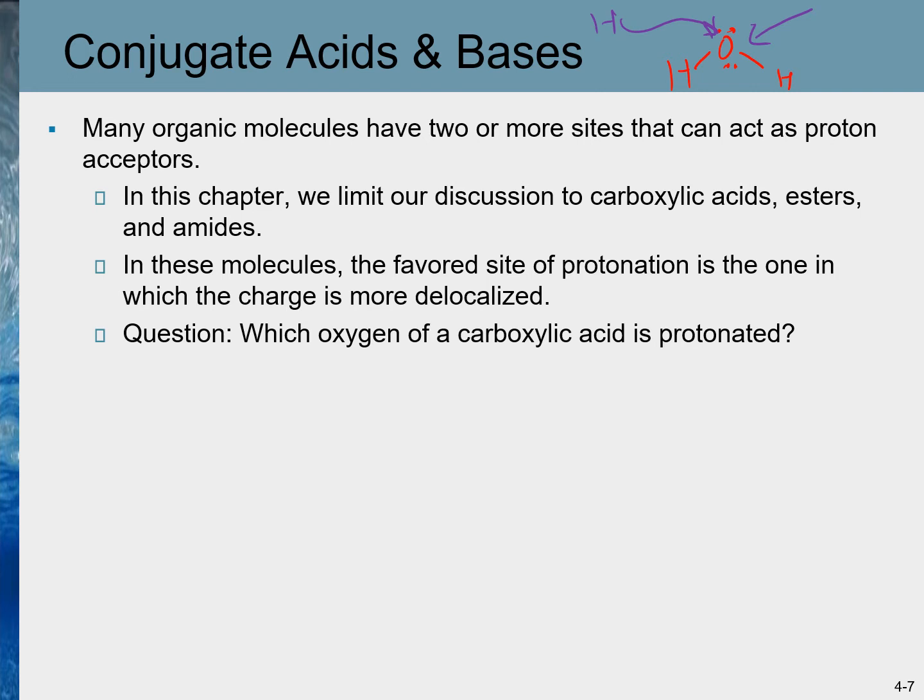However, many organic molecules have two or more sites that can act as a proton acceptor. Although there are many different kinds of compounds which may have multiple proton acceptor sites, we will concentrate mainly on carboxylic acids, esters, and amides. Let me explain with the help of an example.